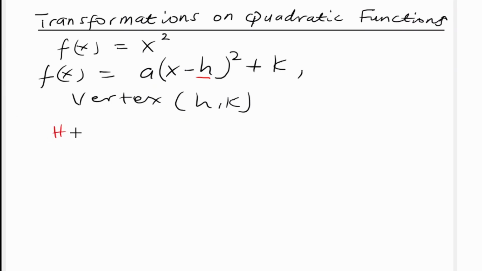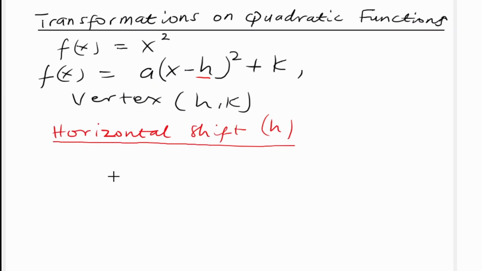The horizontal shift tells whether the graph of the parent function shifts to the left or to the right. If the general form of a quadratic function, ax squared plus bx plus c, is written in this form, then the value in place of h tells whether the graph is shifted to the left or to the right.